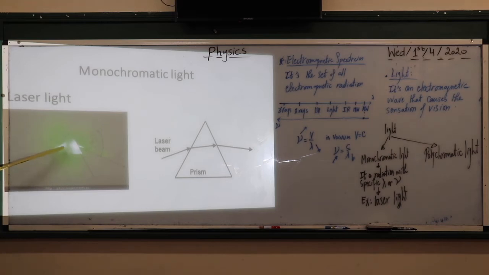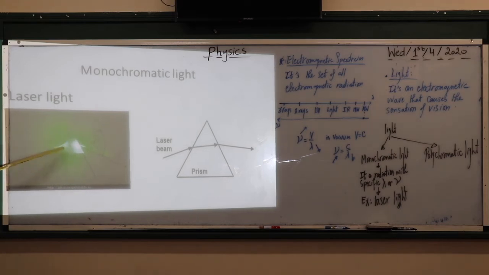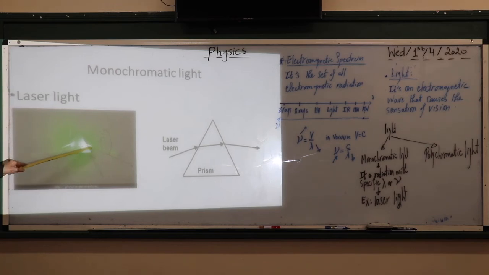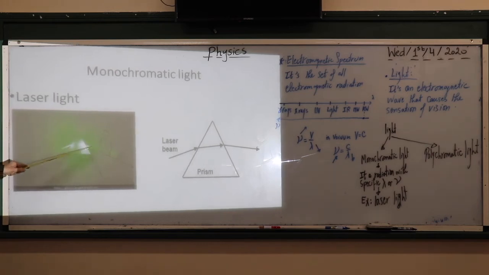It undergoes refraction at one side, then continues and undergoes refraction at the other side, and emerges from the prism with the same color, meaning with the same frequency.